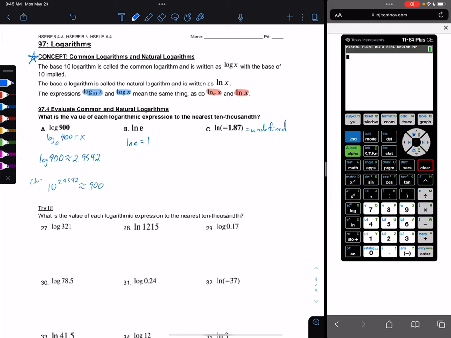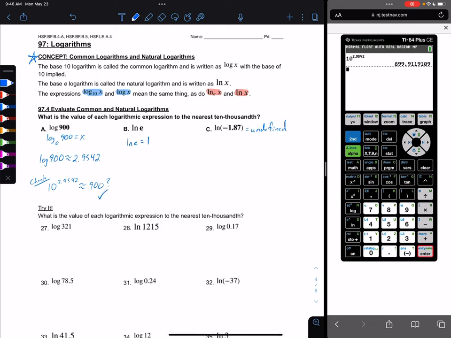All right, so this is our check. Does this work? So if you type in 10 and raise that to the 2.9542 power and hit enter, you do get about 900. So this is an accurate answer. This checks out. We are good.